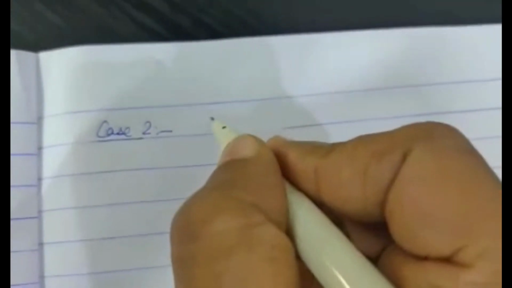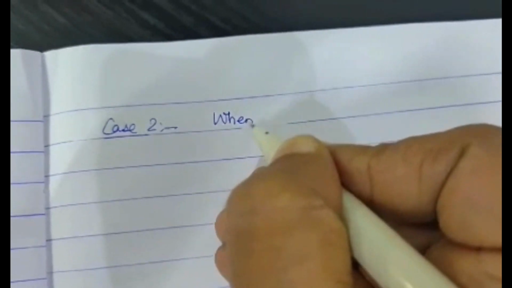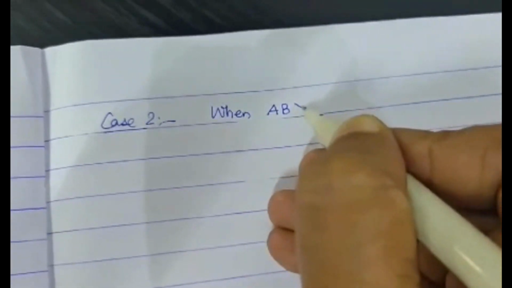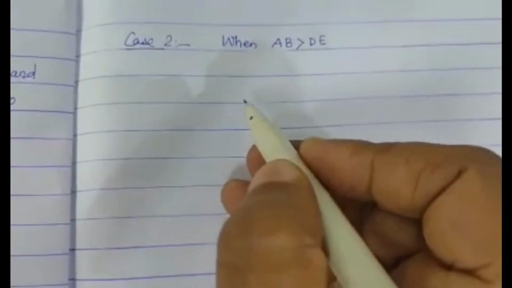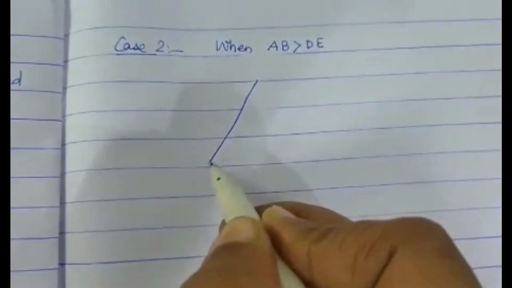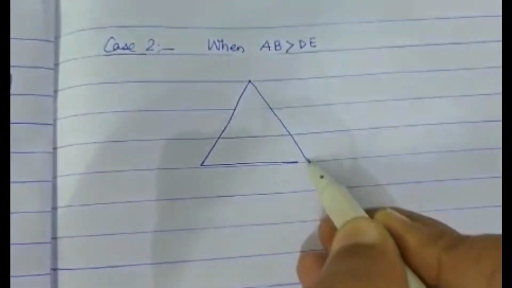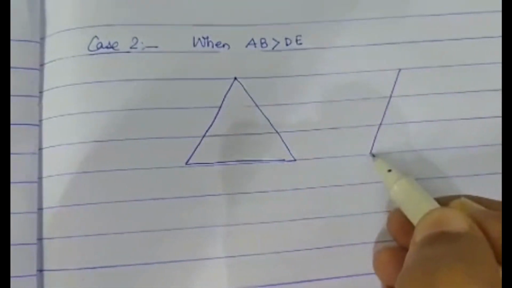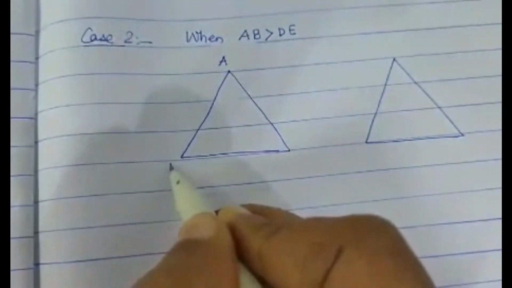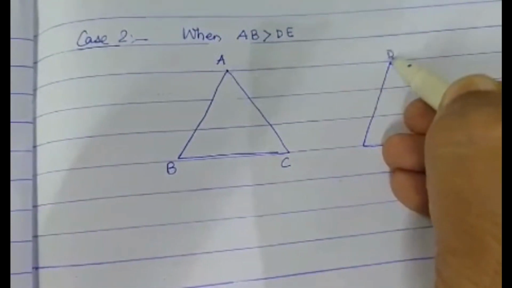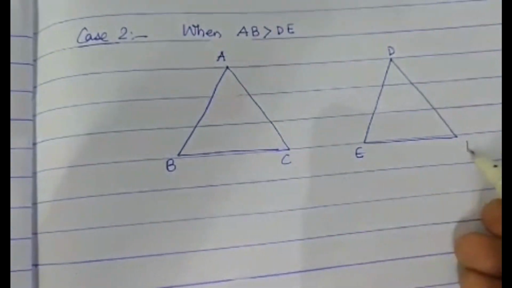Case 2 is when AB is greater than DE. So here it will be like this. Suppose this is ABC and DEF.